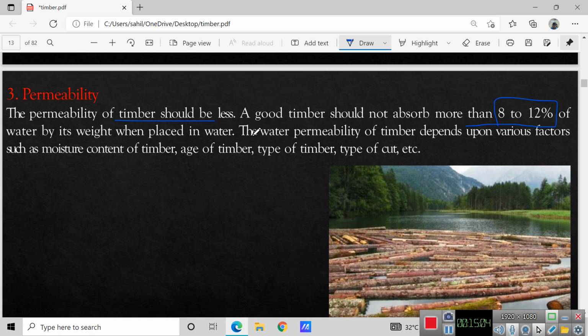The water permeability of timber depends upon various factors such as moisture content of timber, age of timber, type of cut, etc. But the permeability should not be greater than 8 to 12% for an ideal wood.